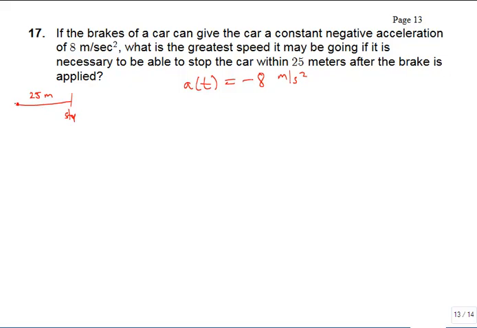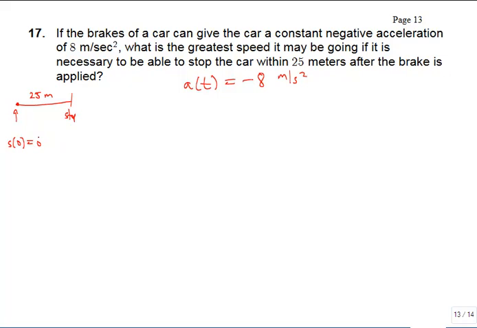So if we start counting from here, our initial position from here at time 0 is 0. I'm going to think of this starting point where I start measuring from as my initial position. So at time 0, I'm right at that starting point. So one initial condition would be S of 0 equals 0.